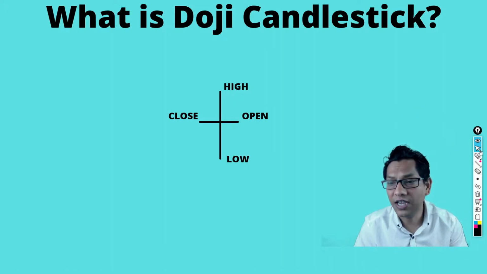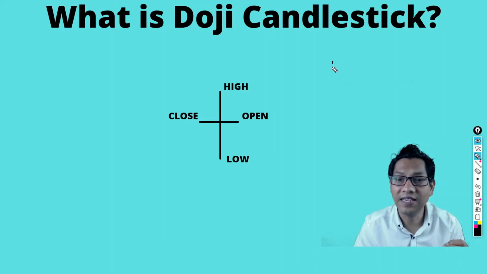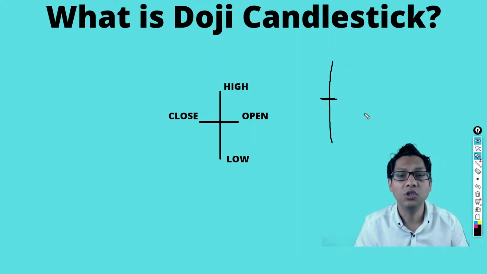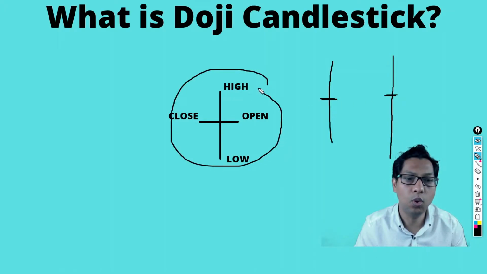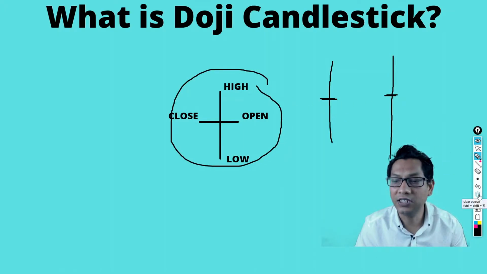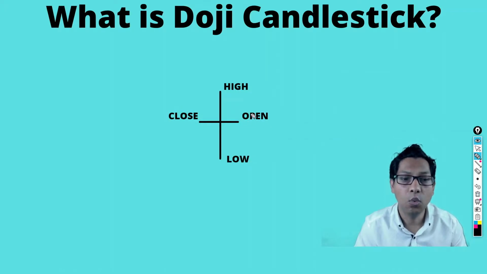Now, a Doji candlestick is basically defined as a candle that has a narrow and smaller body. It could be a long wick or short wick with a narrow body. Narrow body means, say for example, in this example, this is a textbook Doji. Now what happened here? The price opened here.